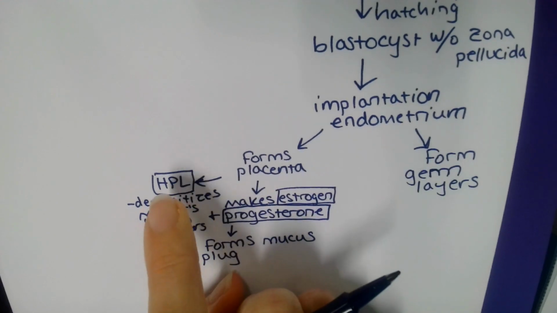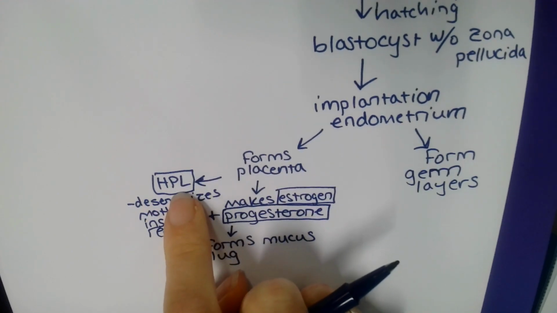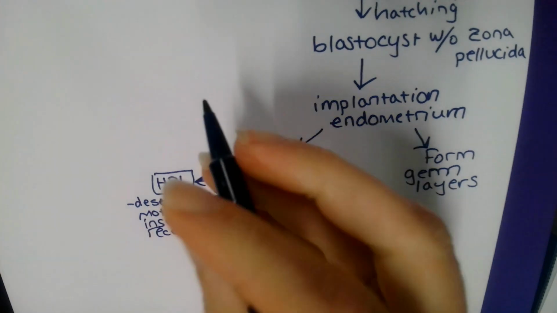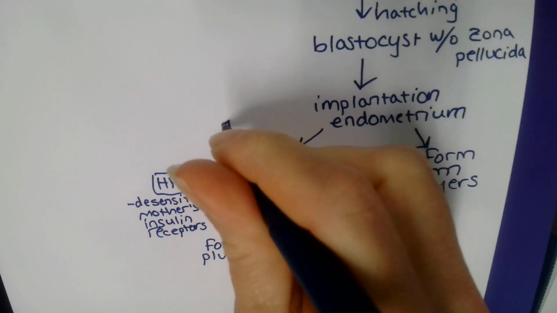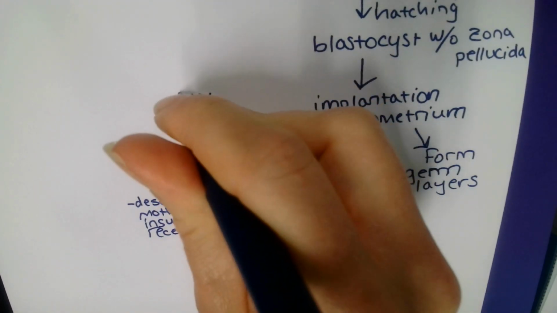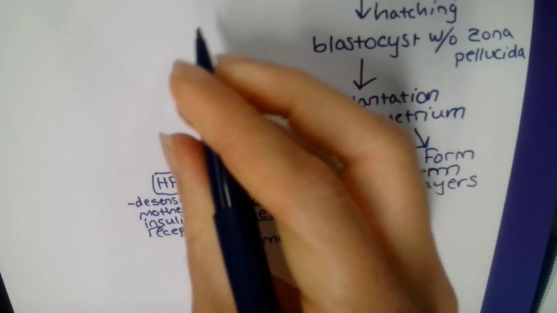And if too much of this is made, that can lead to gestational diabetes and macrosomia, which is a big baby. And the last hormone that the placenta makes is human chorionic gonadotropin, HCG.